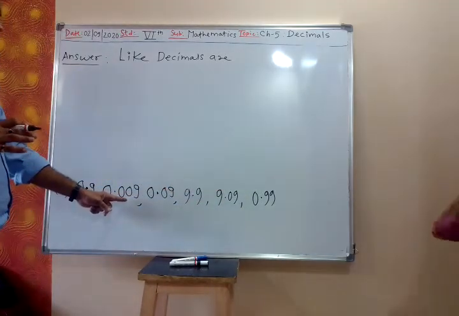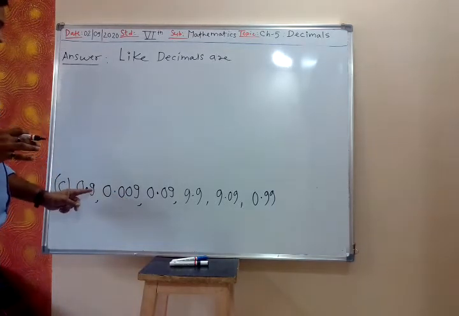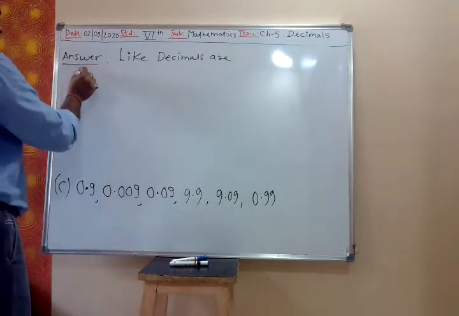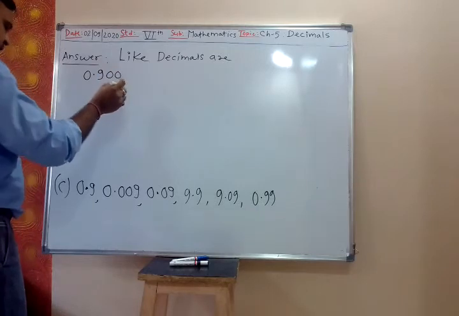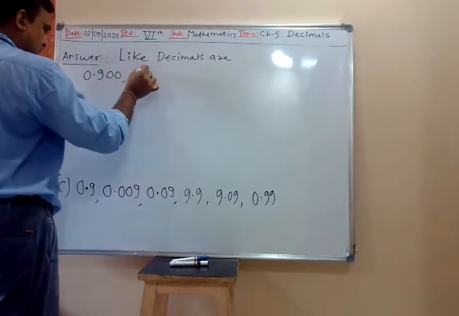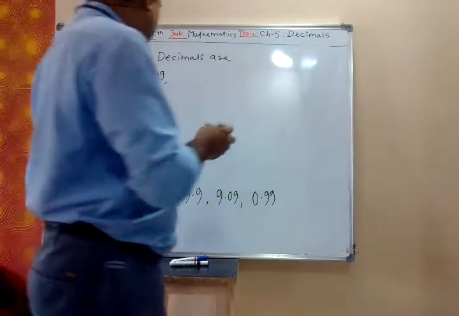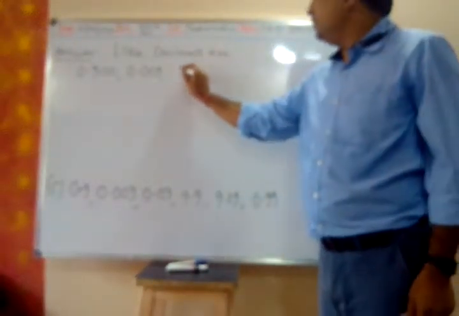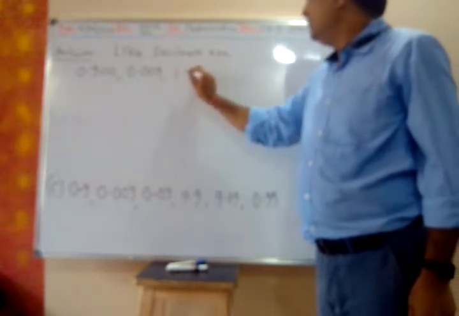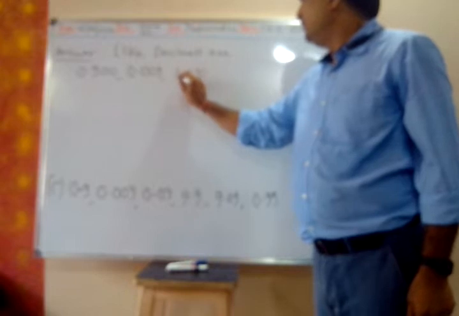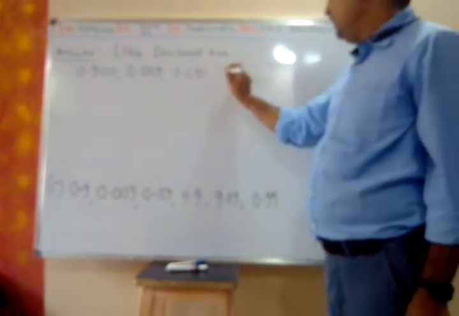So 3 is the maximum. So I want 3 digits after the point. So first I will write 0.900, then 0.009. To this 9 I will add 2 zeros. Then 0.090. Then 0.900.